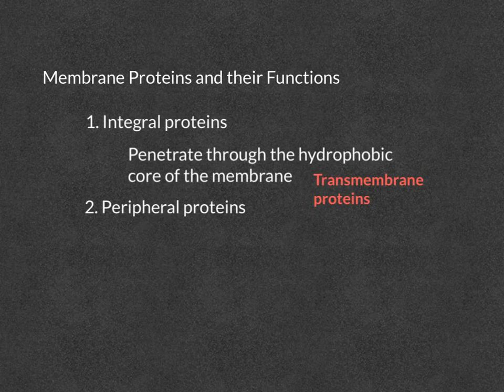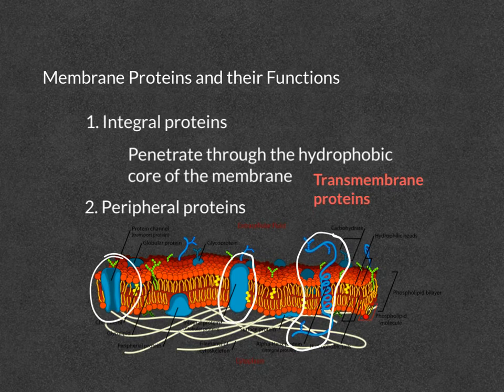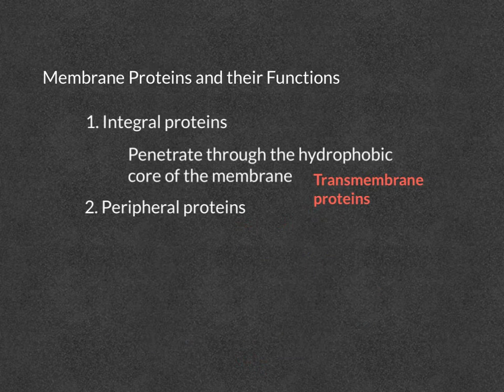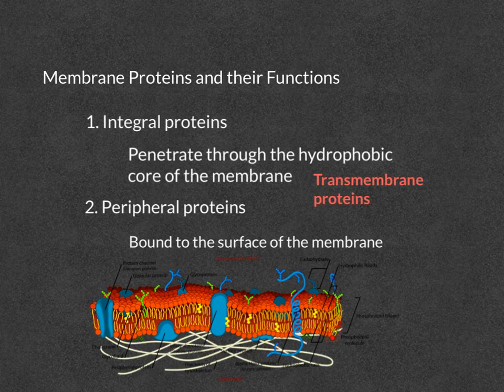Transmembrane proteins actually go through the entire span of the membrane, whereas some integral proteins only go part way into the hydrophobic interior. Peripheral proteins do not go into the lipid bilayer at all, but rather they are bound to the surface of the membrane. They can be found bound to the outer portion facing the extracellular fluid, or they can be bound to the inner portion facing the cytosol or the inside of the cell.